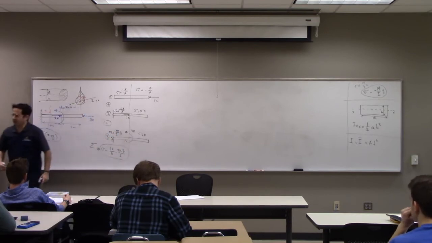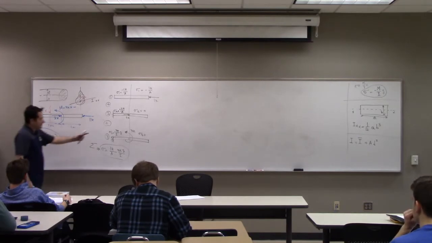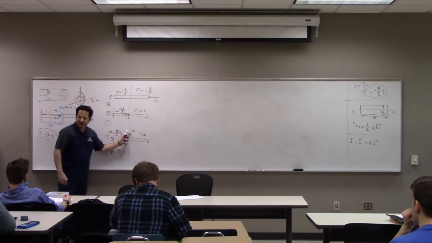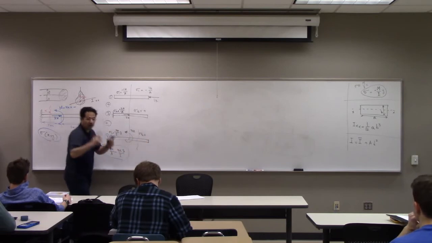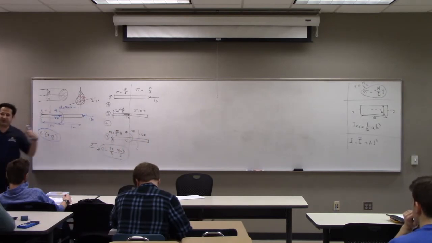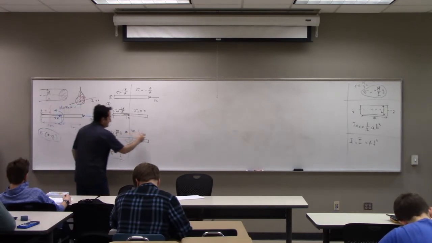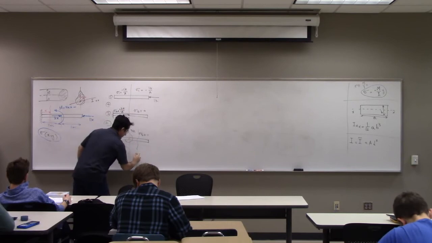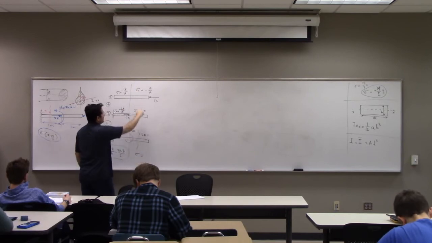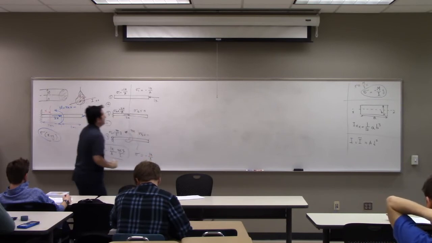Draw a moment diagram. What do you get if you draw the moment diagram? You get positive 3K from here to here, and then you have 0. That means if you cut this from the right, nothing is supporting it. It's supported from the left, to the wall. So the bending moment is also 0, sigma 3 is 0. So sum them up together, what do you get? Sigma is equal to negative 1K over A.